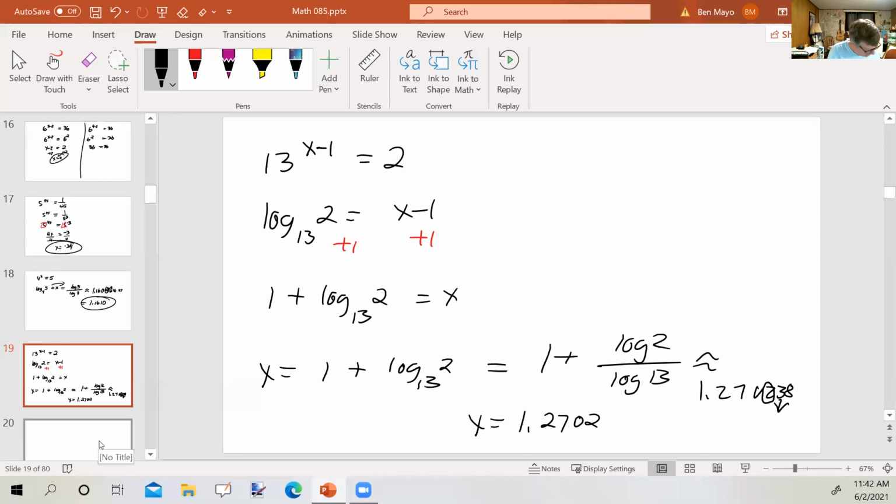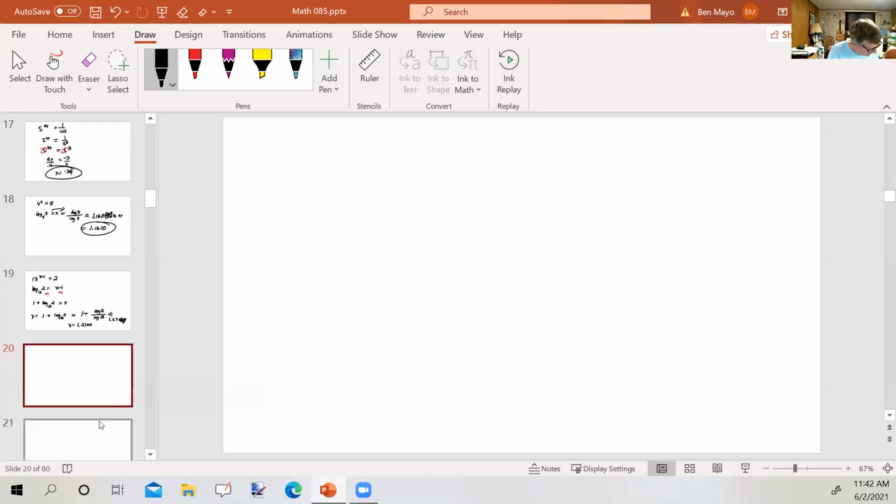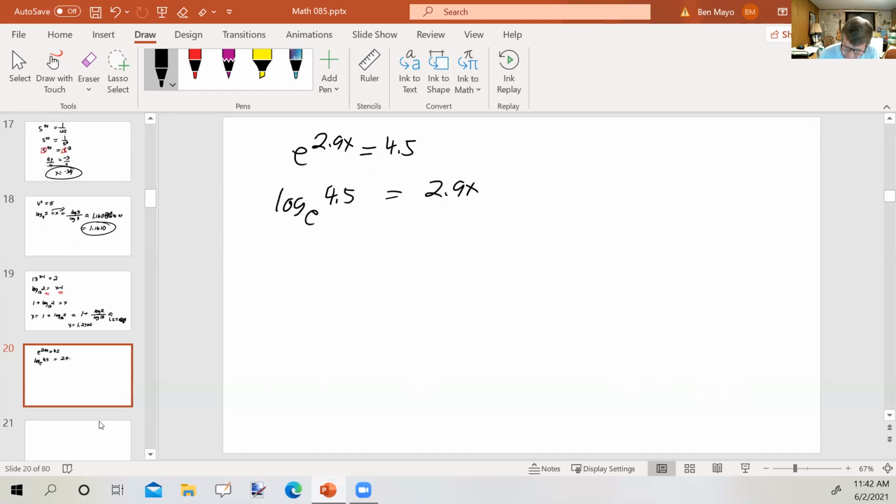Let's take a look at one using base e. So e to the 2.9x power equals 4.5. I have no idea how to take 4.5 and write it as e to some power. So if I can't match the bases, I'm going to play baseball, change this into a logarithmic equation. So log base e of 4.5 equals 2.9x.